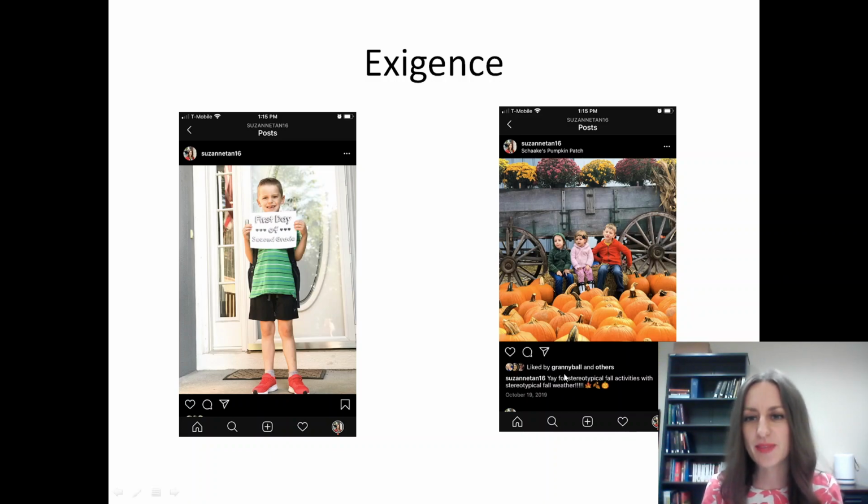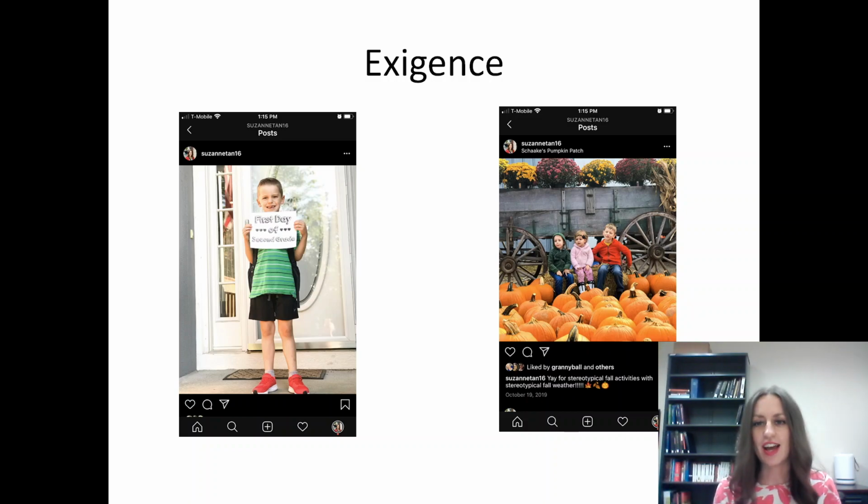Same with this one, which was from last October. My children at a pumpkin patch. Once again, come October, my feed is chock full of people's children in Halloween costumes at pumpkin patches, doing all sorts of those fall things. And so we have those experiences. I feel the need to take a picture of my children there and to post it to social media too.